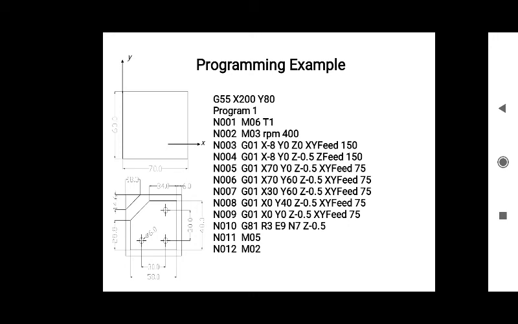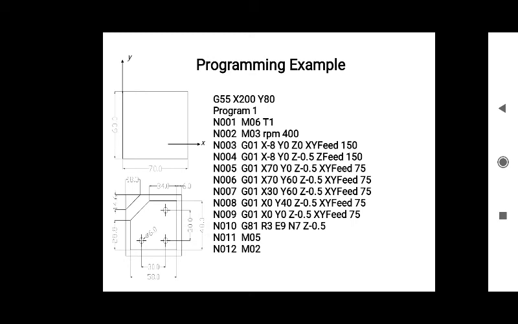If you observe here, the Z direction is in the downward direction. Okay, that's why minus is there. And as you can see, X is in this direction, Y is in this direction, and Z is the end mill cutter's spindle direction.